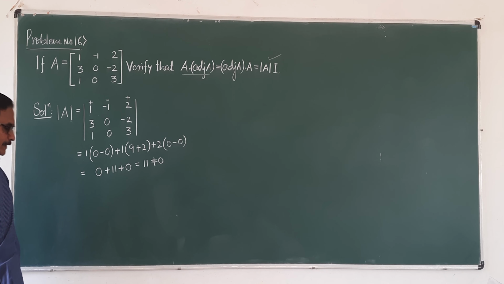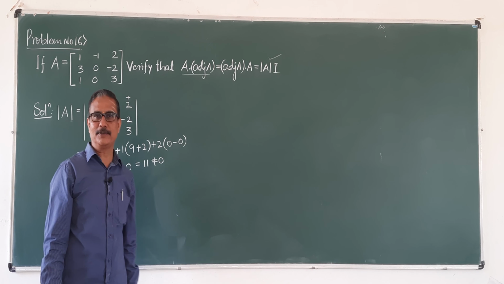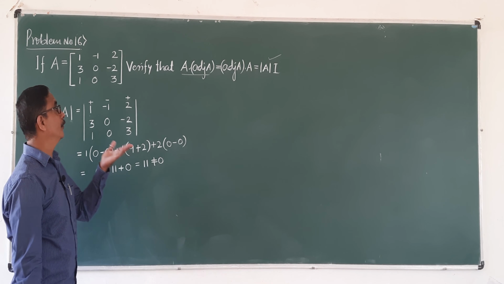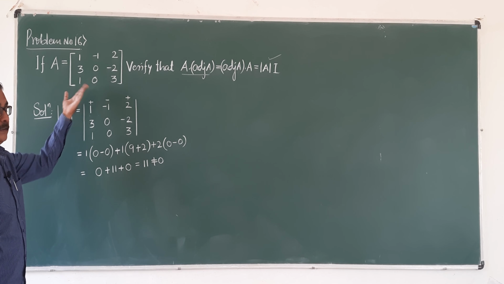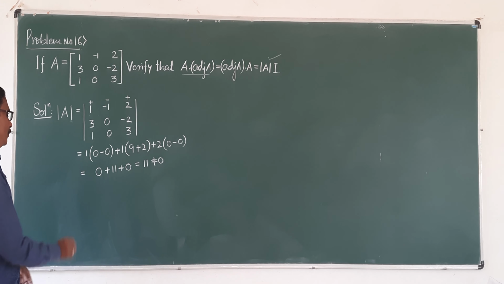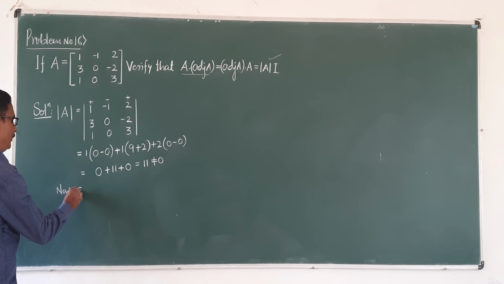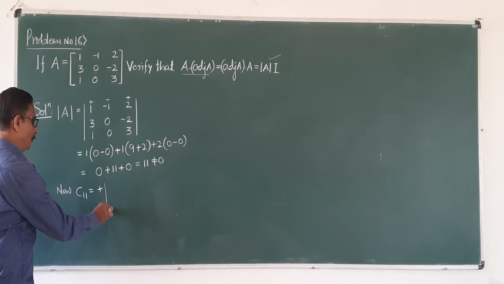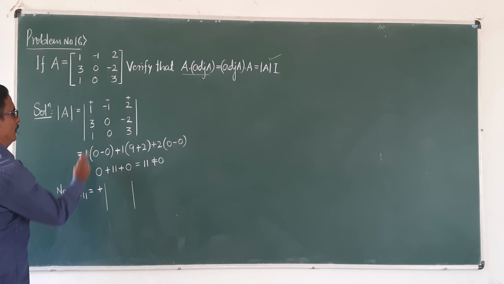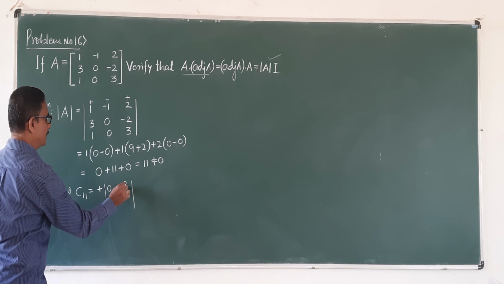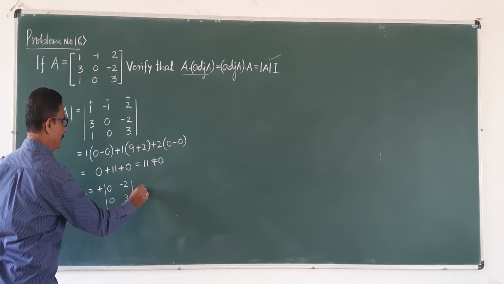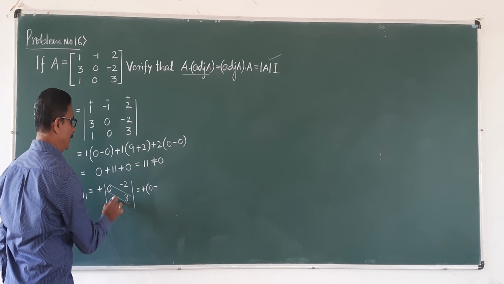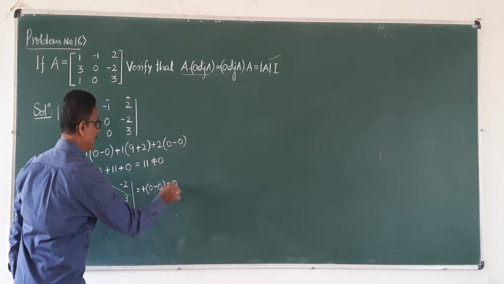Then, to find the adjoint, you know the definition of the adjoint of a square matrix: the transpose of the matrix of corresponding cofactors. There are 9 elements, so there are 9 cofactors. Now find the cofactors one by one. C11: 1 plus 1 is 2, an even number, so the sign is plus. Deleting the first row and first column, 0 into 3 minus 0 into minus 2 is 0.